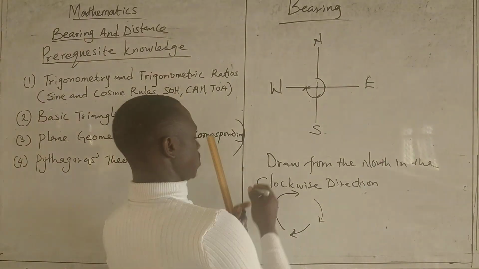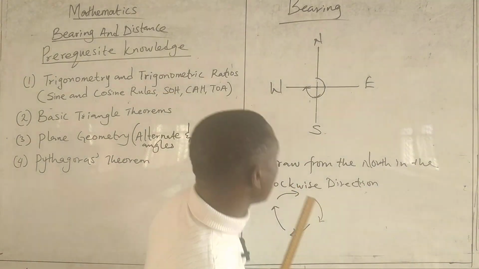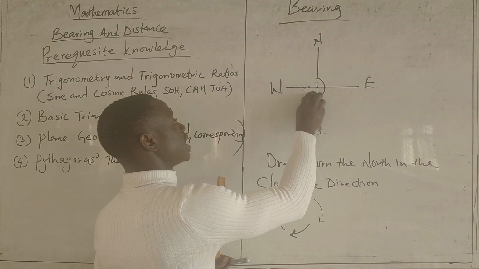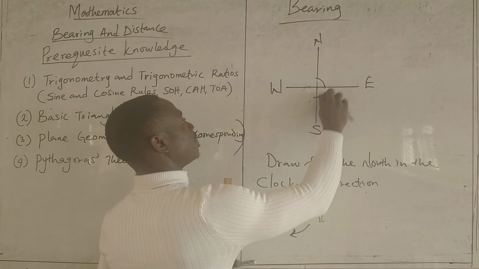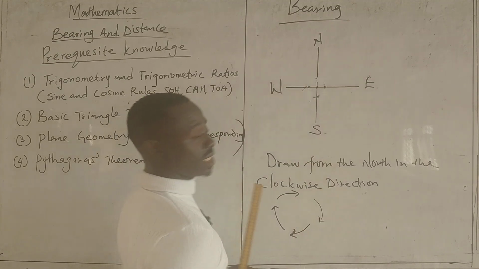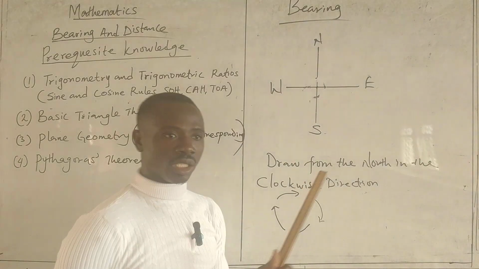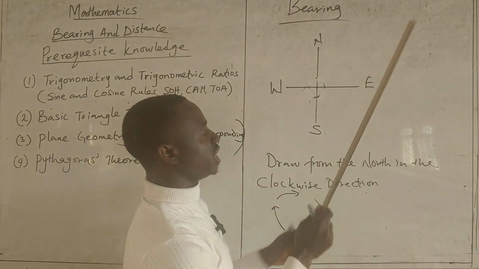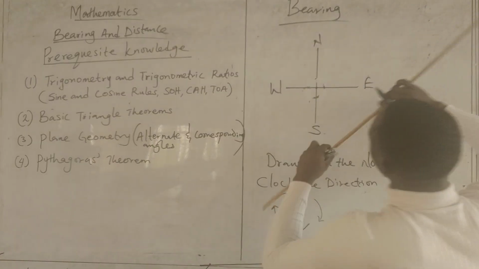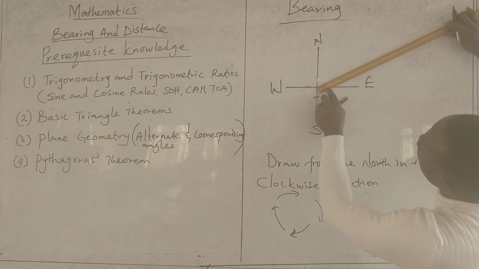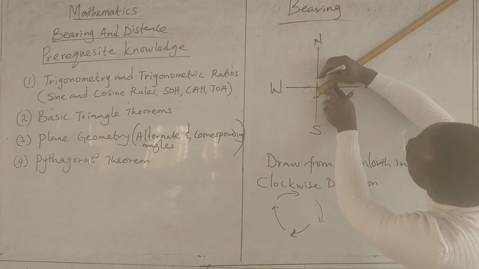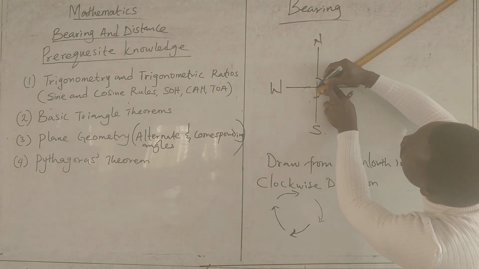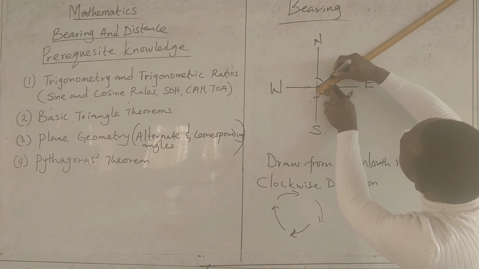Alright? So, when they tell you that the bearing of a particular object is 30 degrees, 30 degrees falls between north and what? And east. So I'm going to draw from here. Now this angle, 30 degrees, you now go this way.